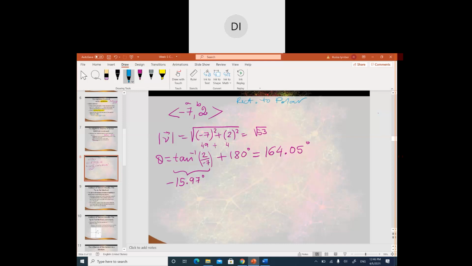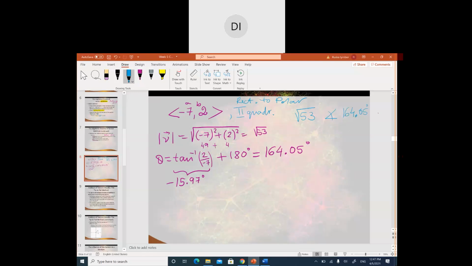You do the calculation, you can just put second quadrant. And then what is your polar? The polar is going to be, you write square root of 53. Square root of 53 is the magnitude. How long is the vector? And then you put the angle 164.05 degrees.